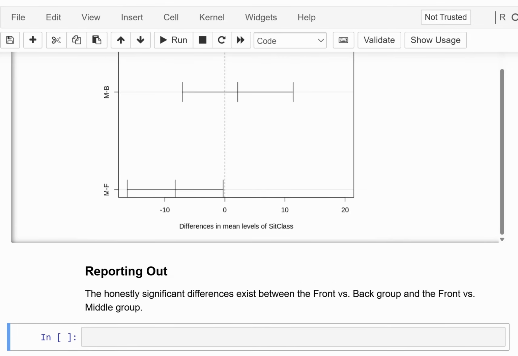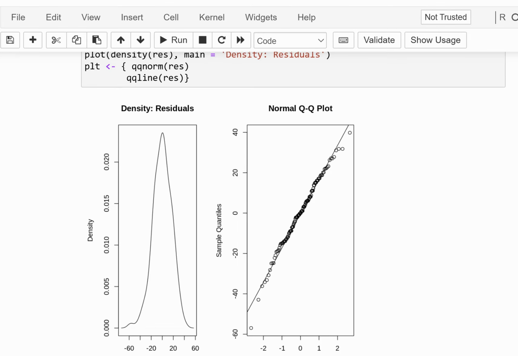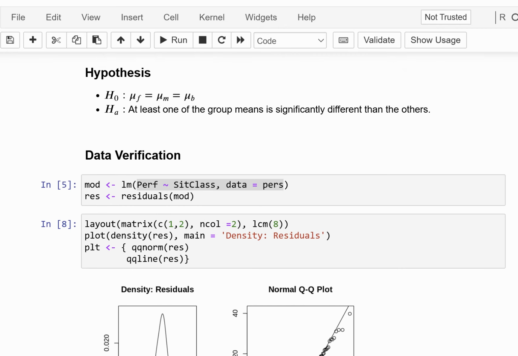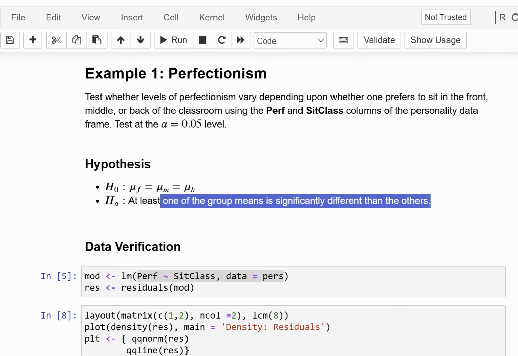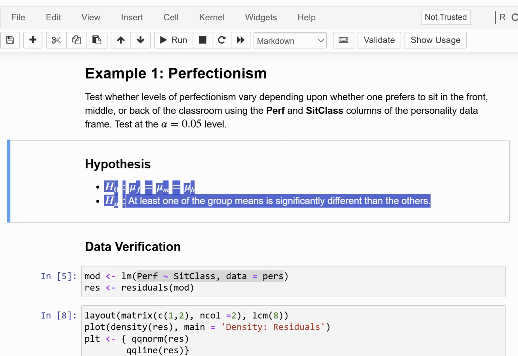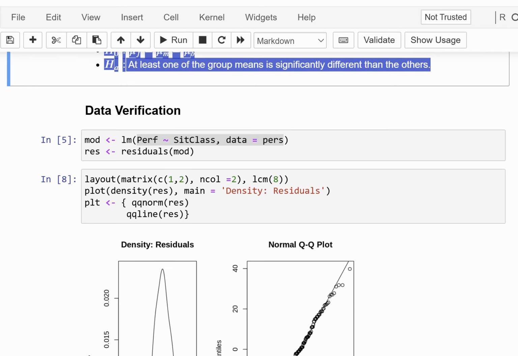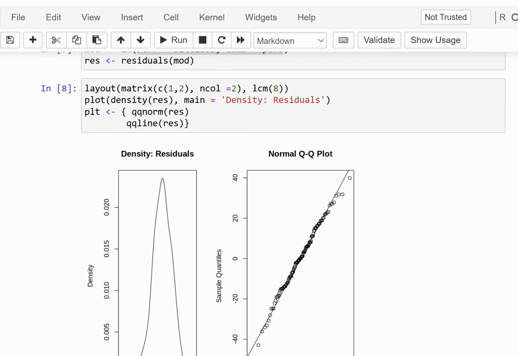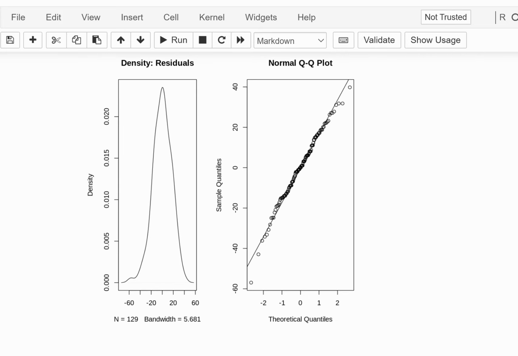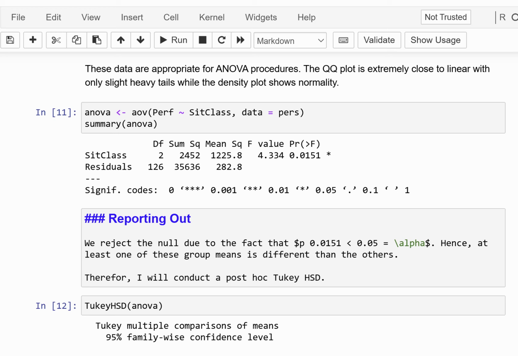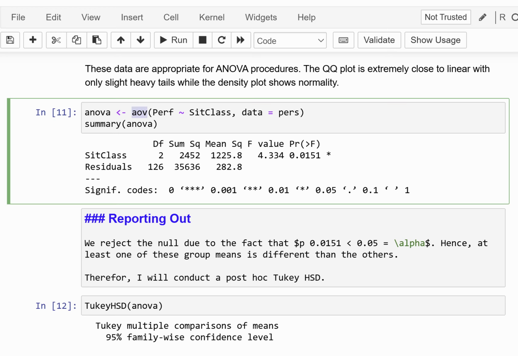So that's how the whole thing goes, right? We have our hypotheses. By the way, the hypothesis isn't all that different no matter what we're doing. The data verification, again, I look at a density plot of the residuals, a normal QQ plot of the residuals. That's checking all the normality assumptions for all the samples at once. And we're golden here, right? I run the Anova. I do a summary of the Anova, and I get the p-value here.